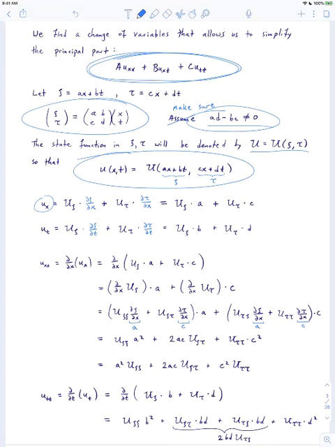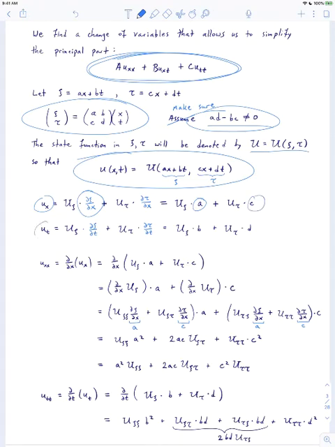So the derivative of c with respect to x is a. We're doing the derivative of this one with respect to x. And then we're going to do the derivative of this one with respect to x, and that's c. So that's where this c comes from.